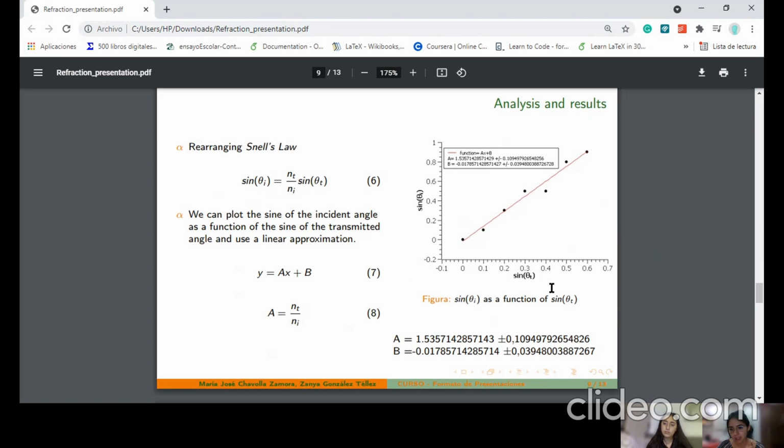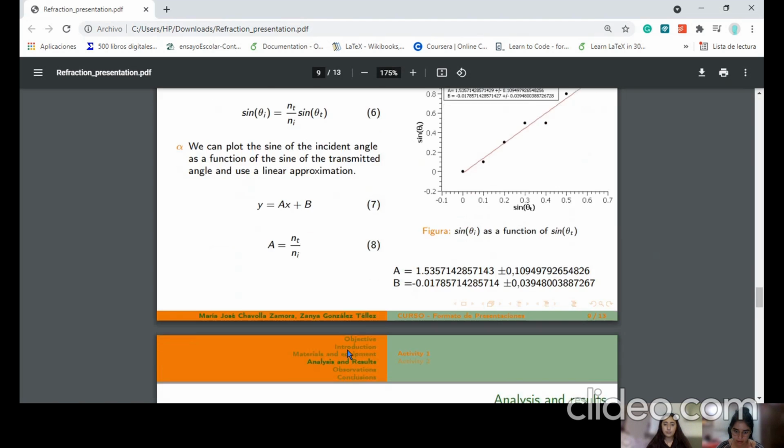In this figure, we can see the points obtained, plotted, of the sine of the incident and transmitted angles. And the red line is the linear approximation we obtained. We obtain the slope of this line that is given by A, that is presented here, and the point that intersects the y-axis, that is B, but we're not going to use B on this occasion.